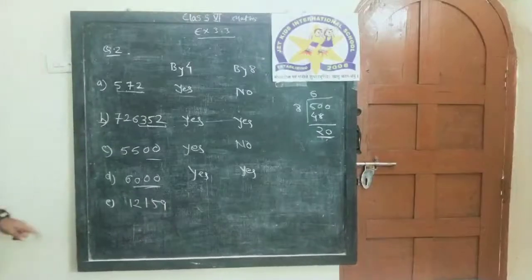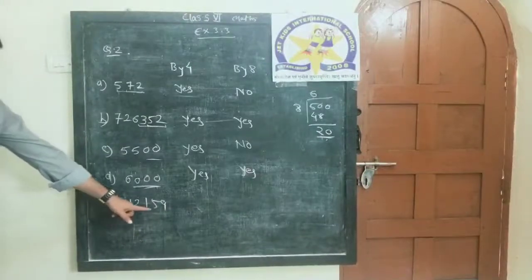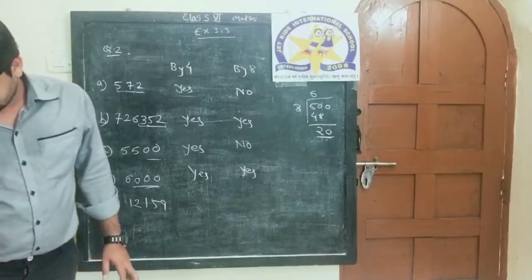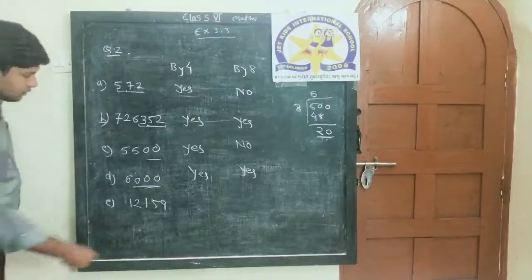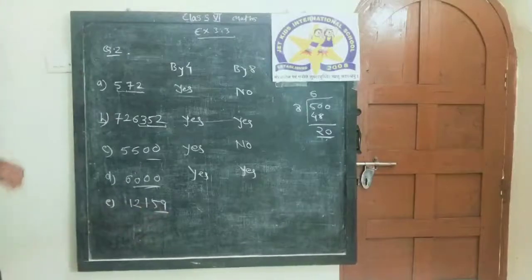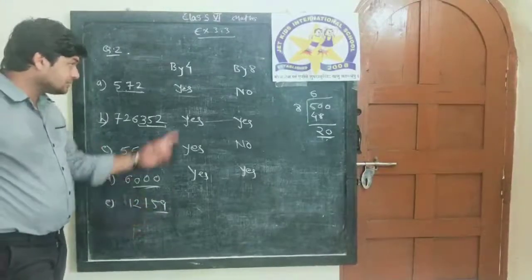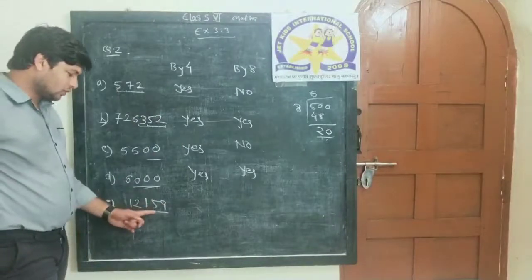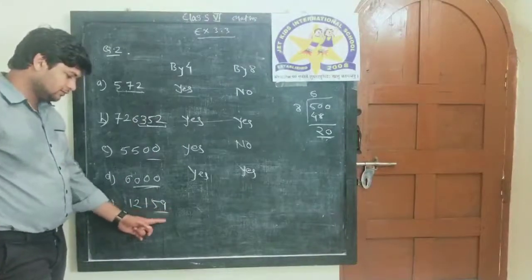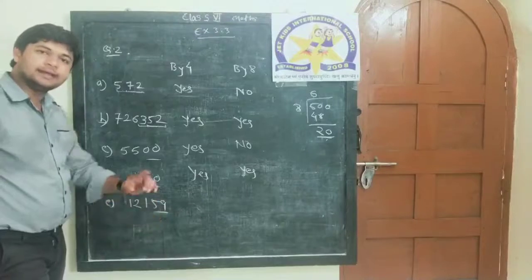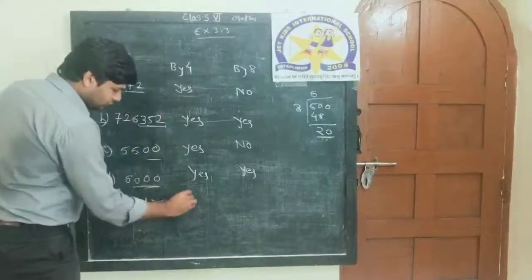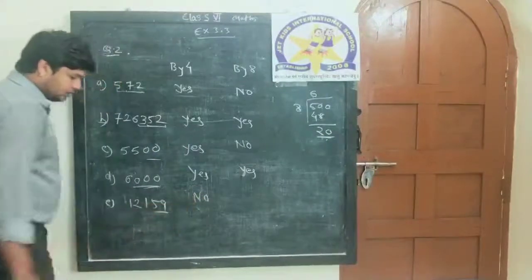First, 59. Is 59 divisible by 4? No, it is not. Why? Because 4 ones are 4, remainder 1. Then bring down 9, 19. 19 is not divisible by 4. So we cannot say it is divisible by 4. No, it is not divisible by 4.